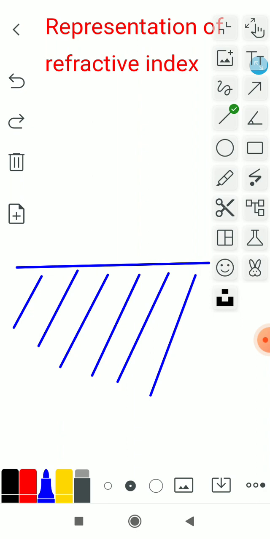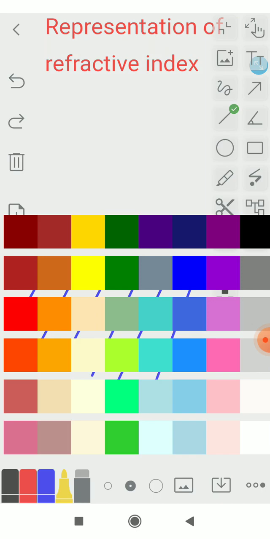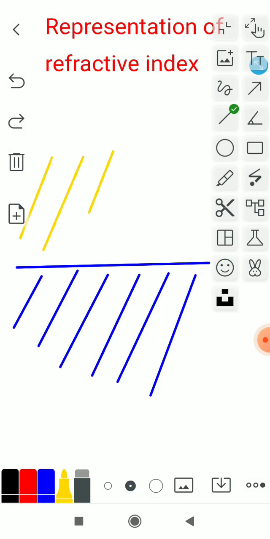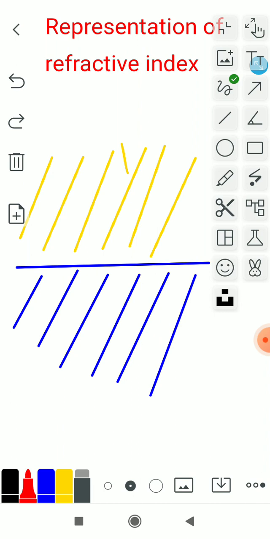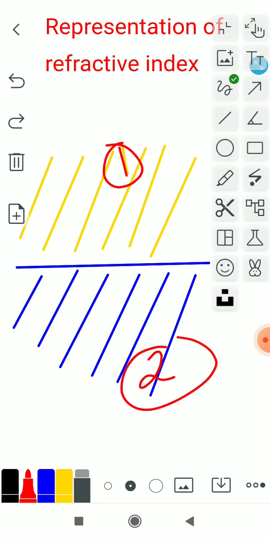Here this is medium 1 and this is medium 2, and the light is coming and then bending.